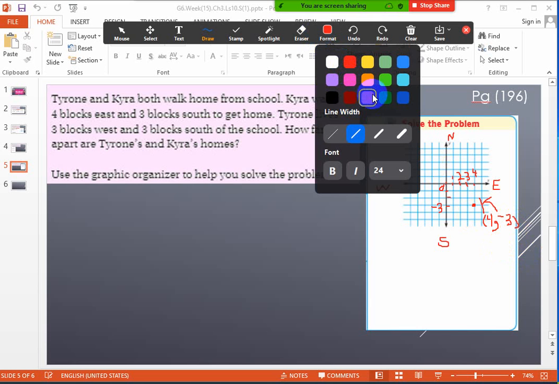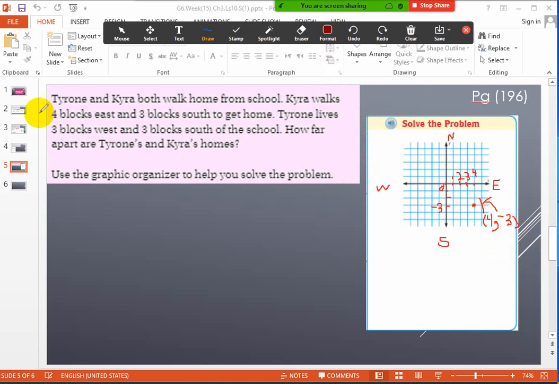What about now the point for Tyrone's home? Tyrone, where is it? Tyrone lives 3 blocks west. I have to move 3 blocks west. This is the west direction. This is 1, this is 2, this is 3, and 3 blocks south also.